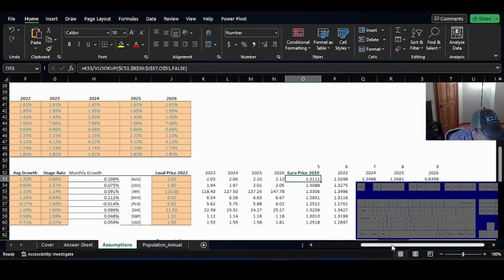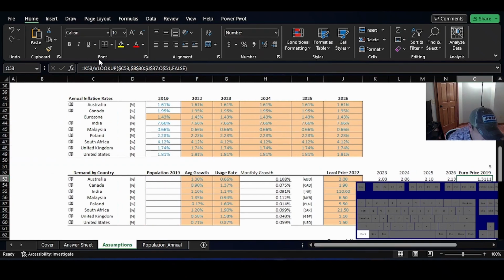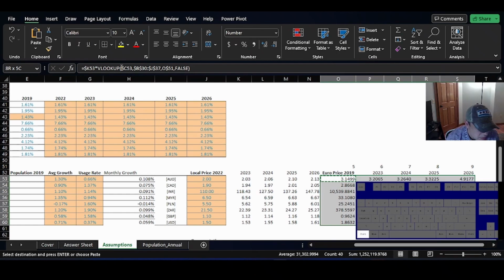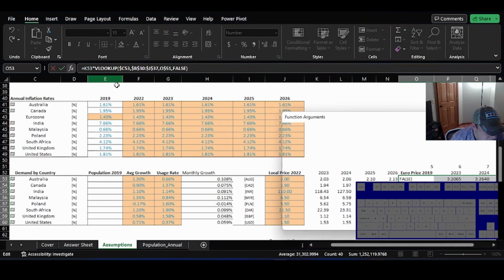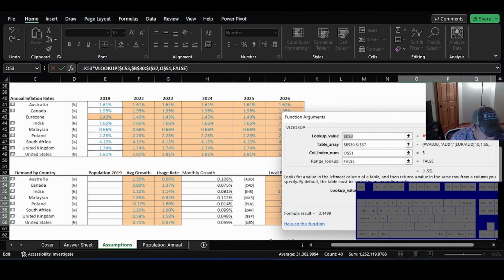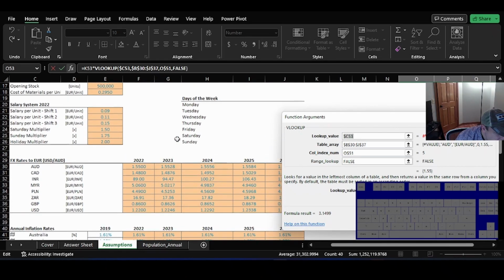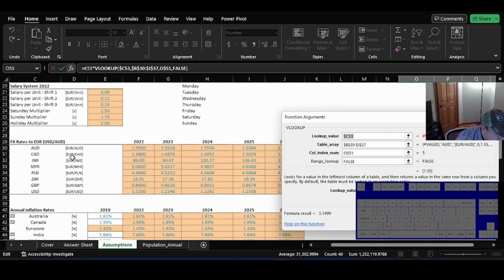Oh wait, did I not freeze? Okay, so let's freeze this $K3. No, I don't. So 2.2, as we look up. All right, so let me make sure what that exchange rate is. So 1.55. Yeah, the exchange rate's right there.